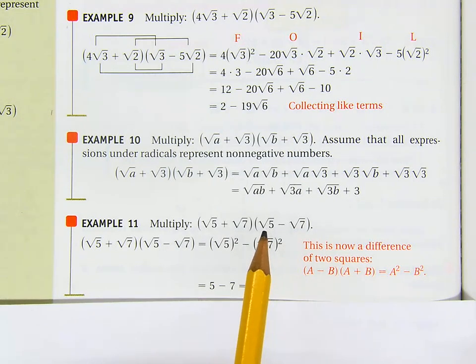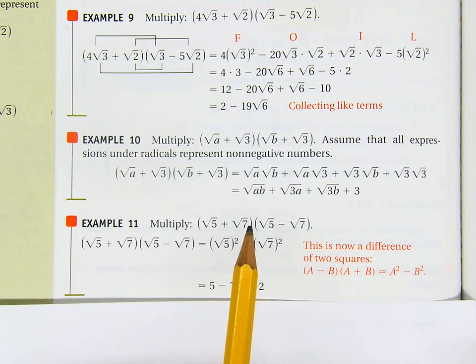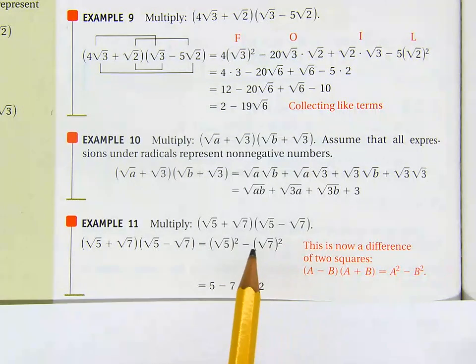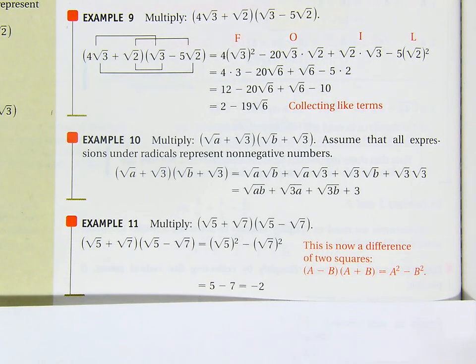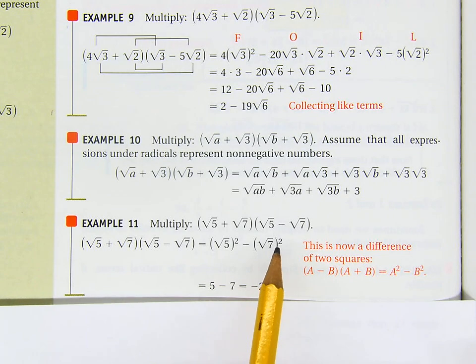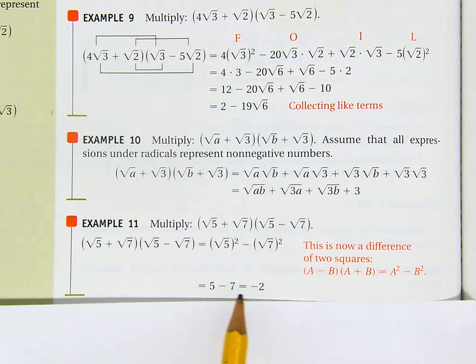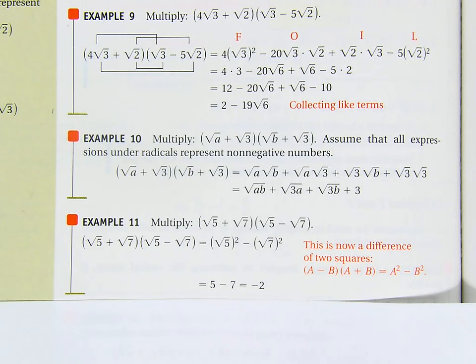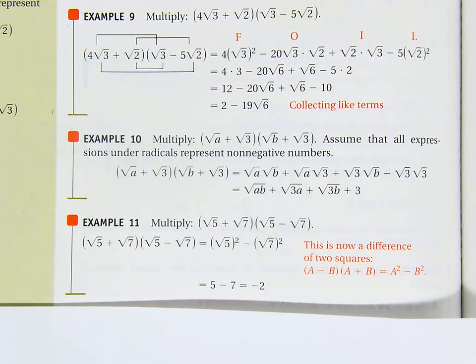So my inners and my outers cancel out, leaving me with just my front and then my last of radical 7 times negative radical 7. Thus, this answer here. Squares, break it out, minus square of square root 7 breaks it out, and then you just have a simple answer. So it is possible to actually be able to simplify these down to a single answer.